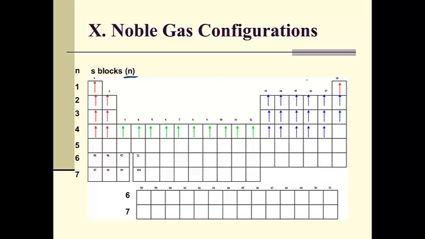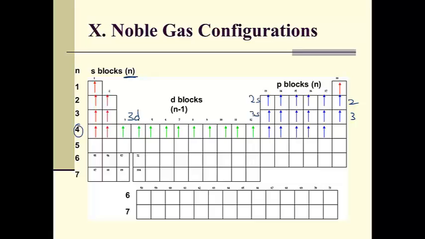These went into the 2s. These went into the 3s. These are in row 2 and row 3. So the p blocks are also the same as the row number. These went into the d block, but these did not go into the 4d. These went into the 3d, but this is in row 4.